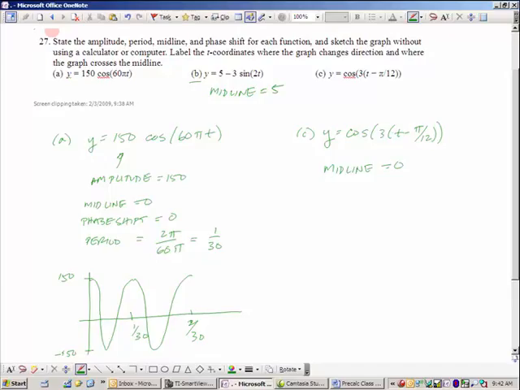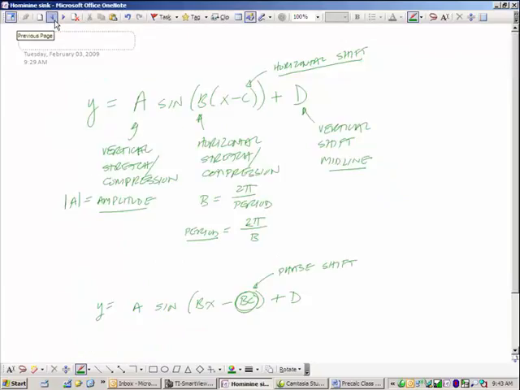Travis calling someone. I'm going to go back. When it's in parentheses, we call that the horizontal shift.